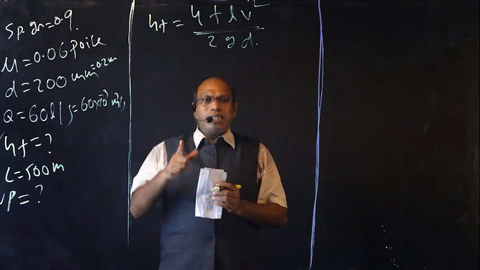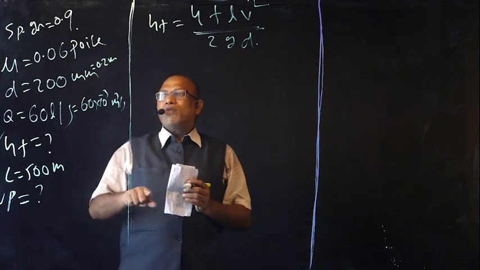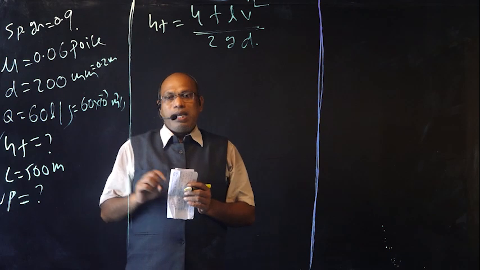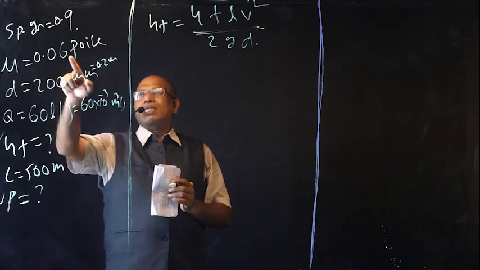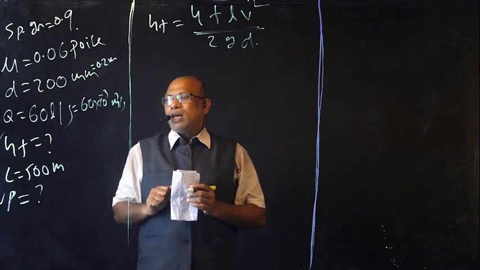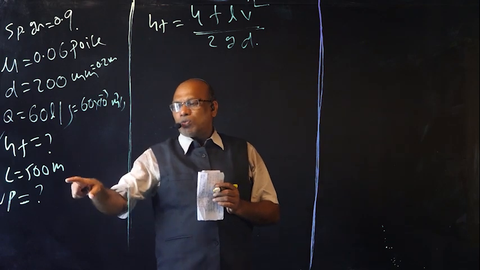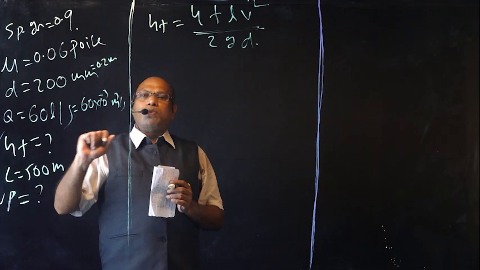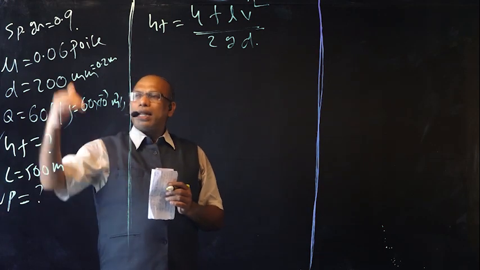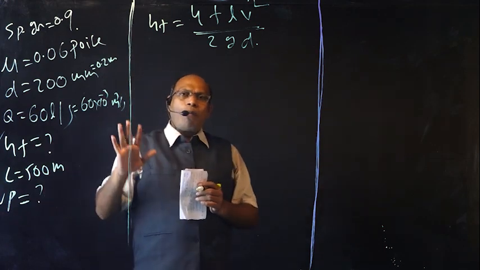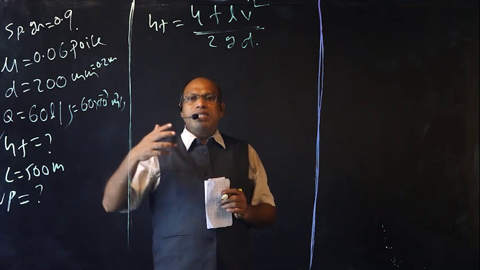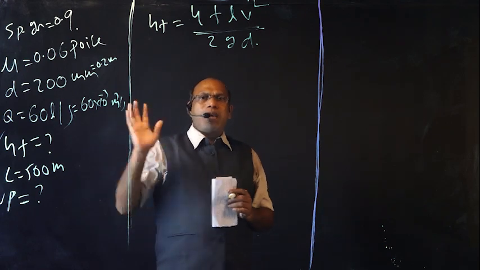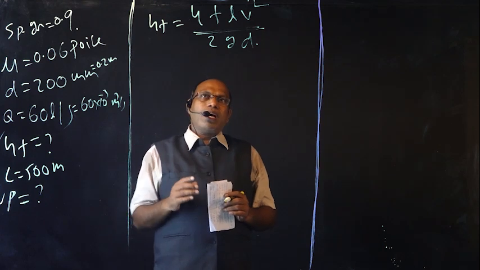In the earlier problem, the first one, they gave kinematic viscosity, but in this problem they have given viscosity. That is the difference. And also here they have asked one more thing, that is, what is the power required to maintain this flow. These two are the differences. The remaining points are whatever we have discussed in the first problem. The same steps we are going to follow here also.